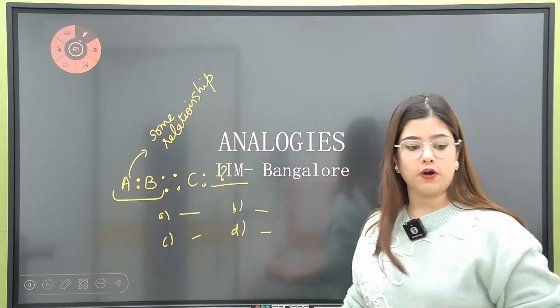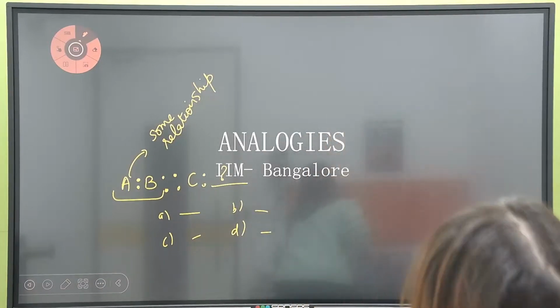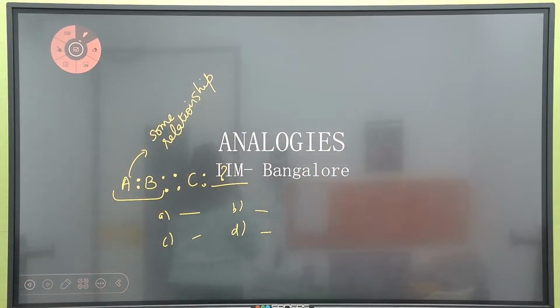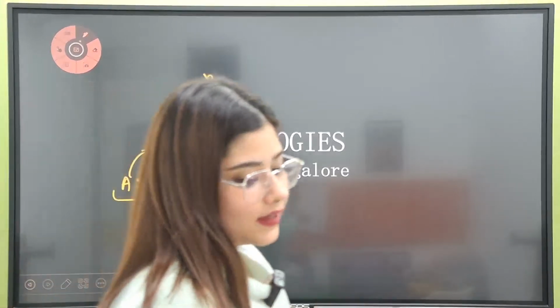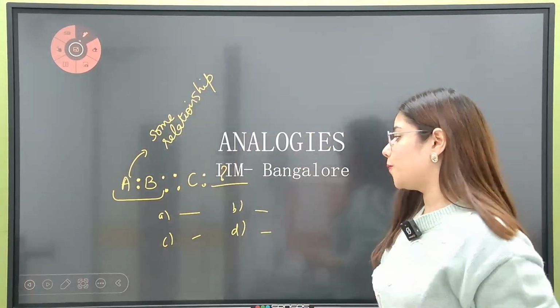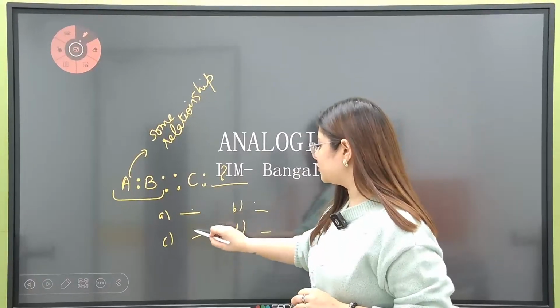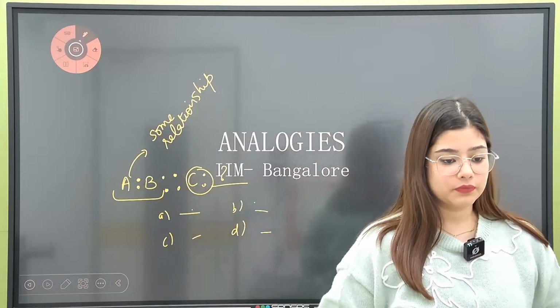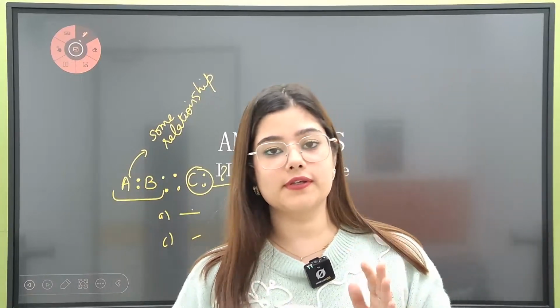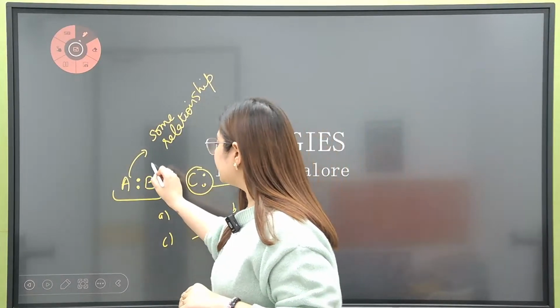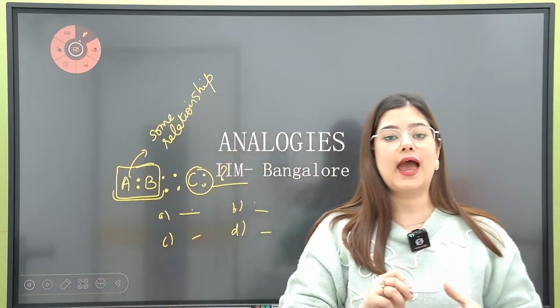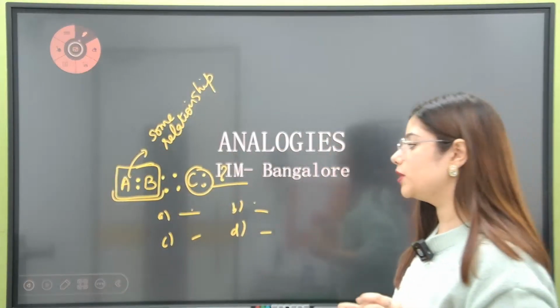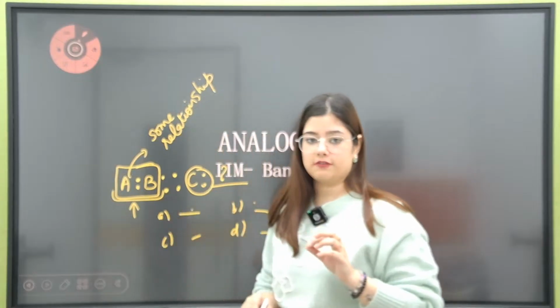And you have to look for the option that shares the same relationship with C as A shares with B. So the first thing that you need to do is analyze the relationship between A and B. Analyze the relationship between the first pair which is given to you.